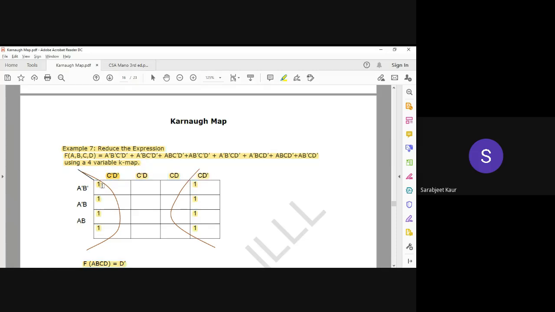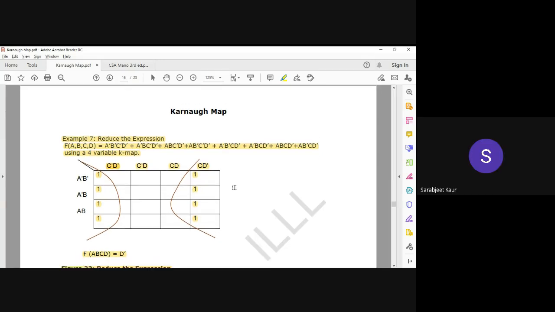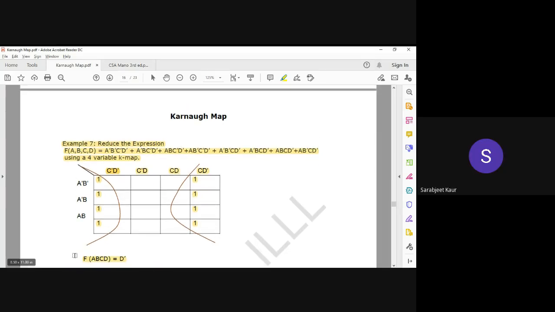The first column is C' D' and the last column is C D'. So C and C prime both are present, so they cancel out. What remains with me is D prime. Is this clear? Yes, ma'am.